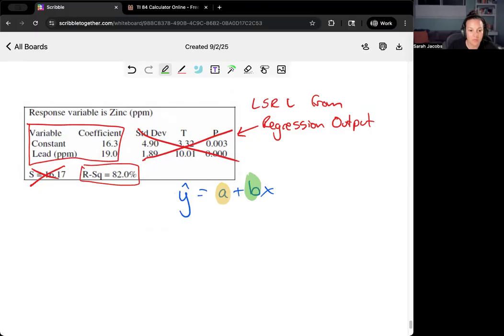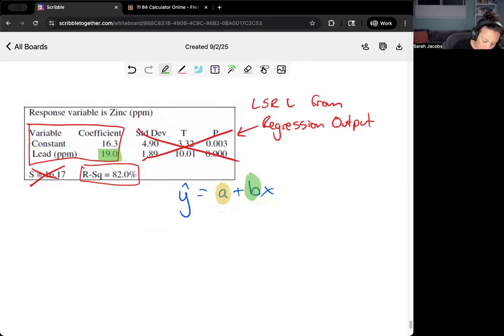Now, the y-intercept does not have a variable with it, right? The slope has a variable with it. What do we call the number that goes just to the left of the variable? It's a coefficient. What do we call a number that's not attached to a variable? That's a constant. Constant.